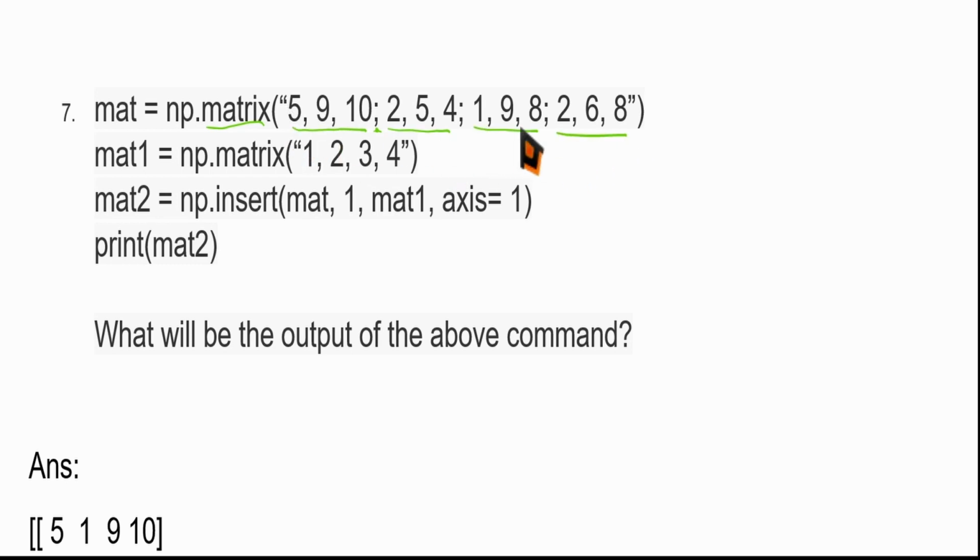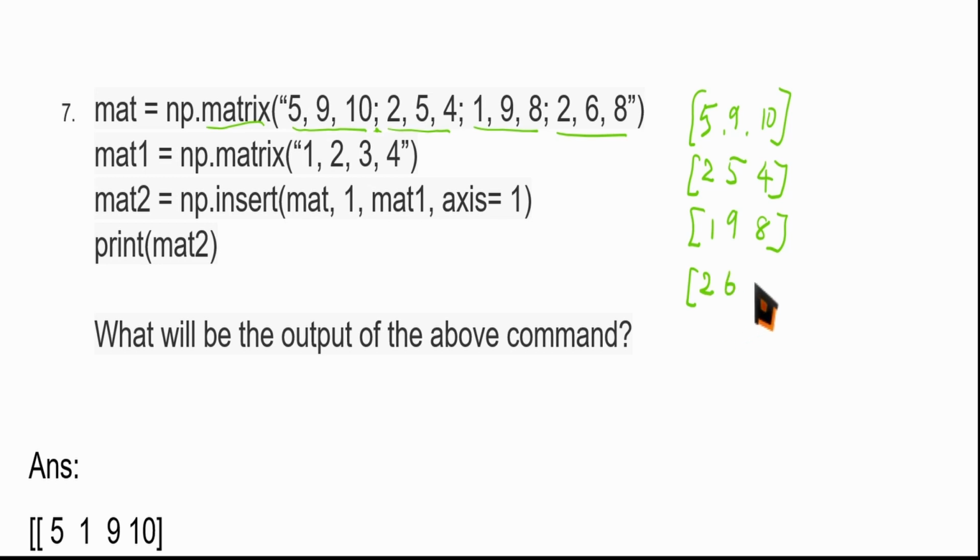All the elements or rows should be enclosed within double quotes. So I will rewrite this like 5, 9, 10, then 2, 5, 4, then 1, 9, 8, then 2, 6, 8. So it is having 4 rows and 3 columns.